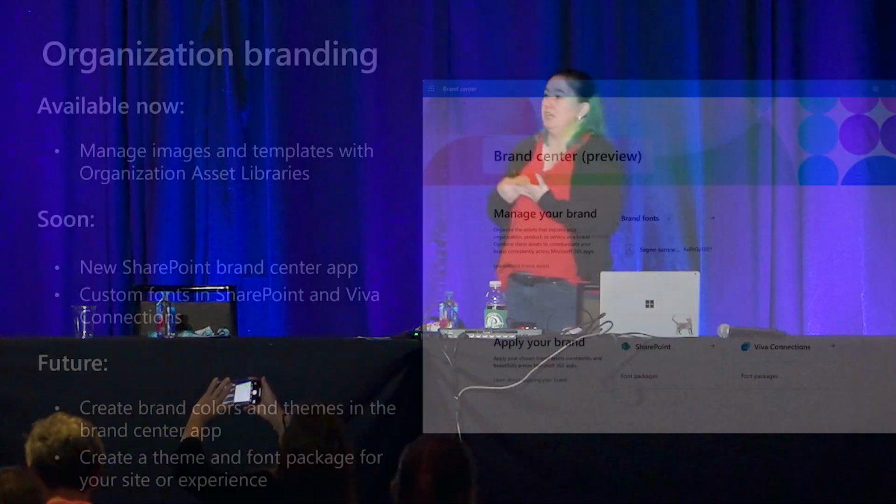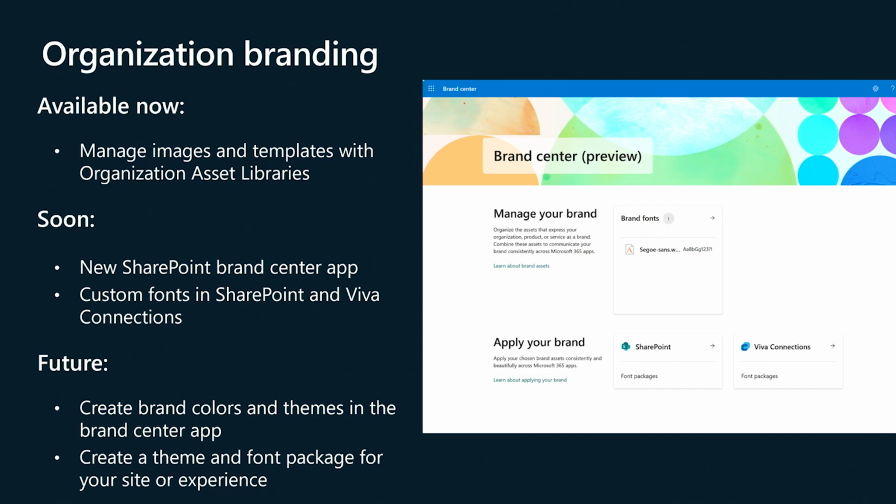Let's recenter ourselves back to the Brand Center and talk a little bit about that organization branding and what's coming. So today, you can manage your images and templates with organization asset libraries. That's been available for a while. Soon, as in you have it in targeted release, you'll have that new Brand Center app and custom fonts for Viva Connections and SharePoint.